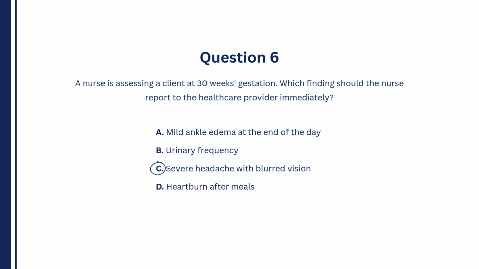Severe headache and visual disturbances are warning signs of preeclampsia and require immediate evaluation. A is common discomfort of pregnancy. B is expected due to uterine pressure. And D is a common gastrointestinal change.